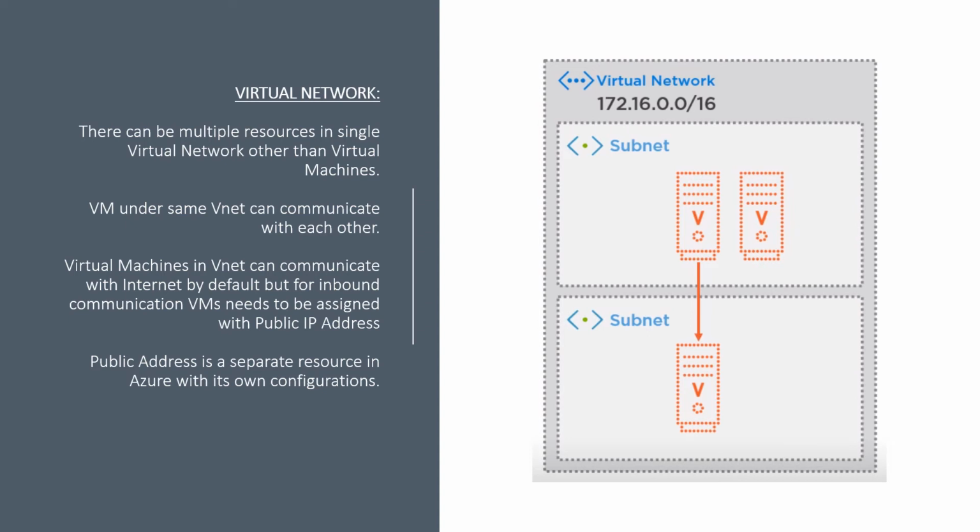And one more thing here, that public address is itself a separate resource in Azure with its own configuration. You cannot relate that public IP address with this virtual network. Absolutely not.